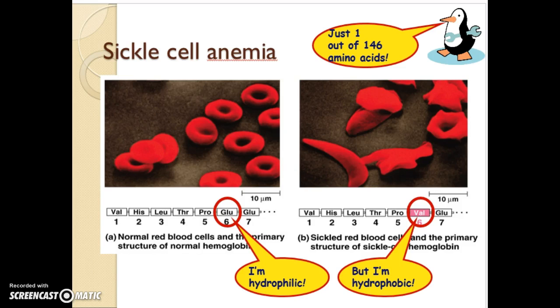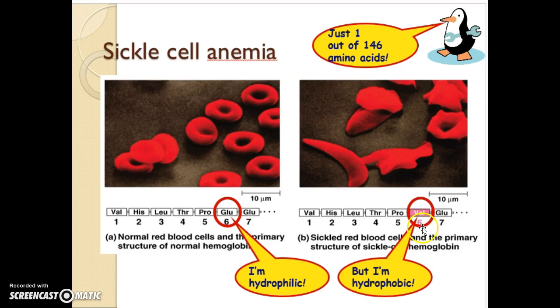Glutamic acid is acidic and polar. Valine is not polar. So by being nonpolar, valine tries to hide from the water in the cell. And so what valine does is cause the sickle cell, the blood cell, to actually turn in, as you can see in this picture. It misshapes the normal shape here because of that valine trying to get away from the water that's surrounding it in the cell.